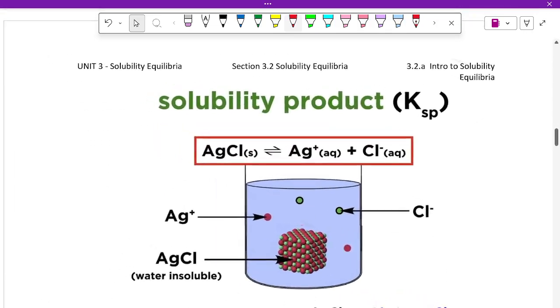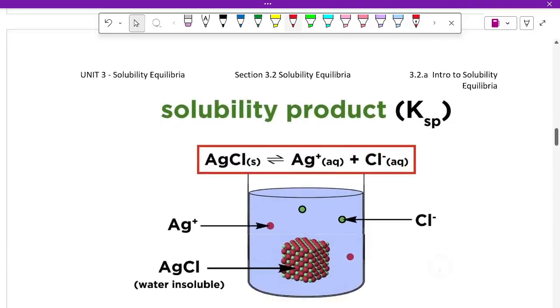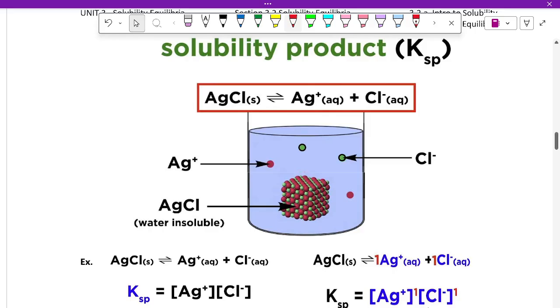Now we have our Ksp. This is the math part, which is always kind of nice because it's a little bit straightforward. So we always put the solid on the left.